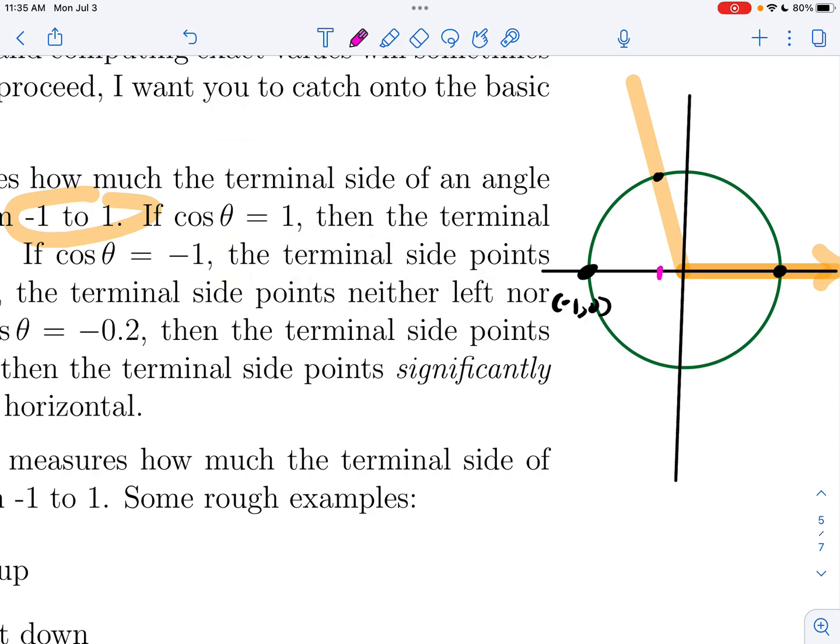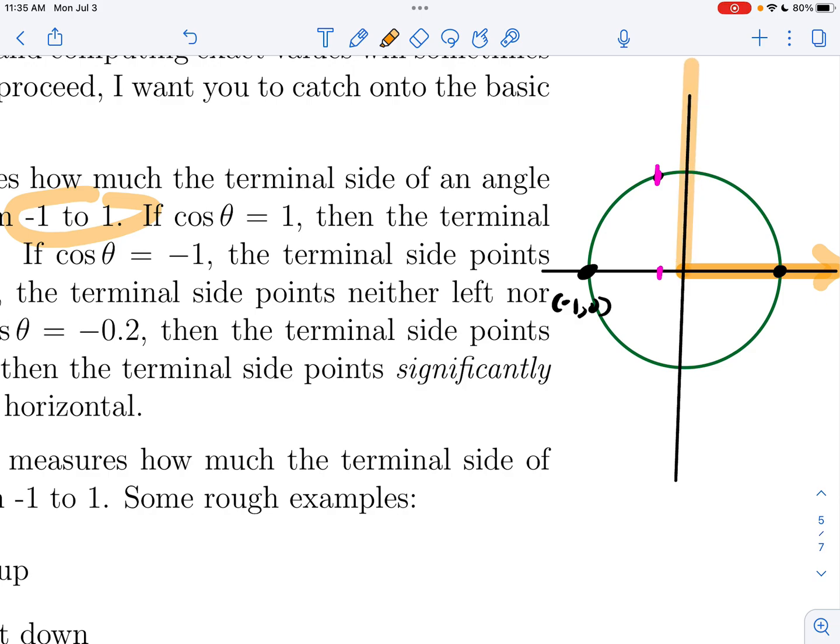That x-coordinate, we're sort of measuring how far does this thing point to the left or right. Well, it points to the left, so cosine here is negative. But this only points slightly to the left. So we might have something like so if cosine is a small negative number. Remember, we're only doing this on a scale from negative 1 to 1.